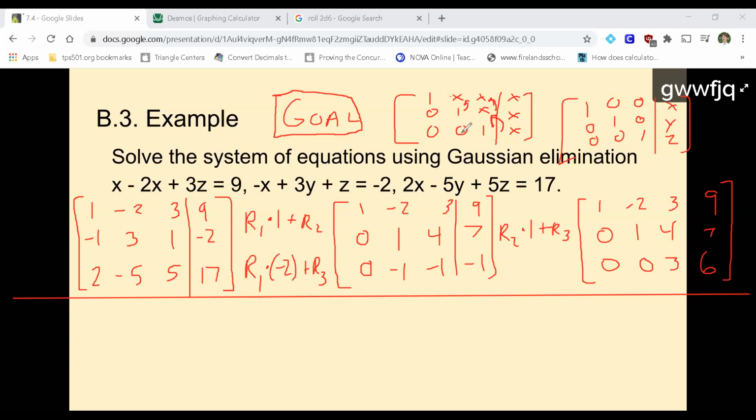I've now done the first 2 columns. The last column, I need this to be a 1. It's a 3 right now. So to fix that, I will multiply it by a third. Basically, I'll divide everything in this row by 3. That way this gets turned into a 1.